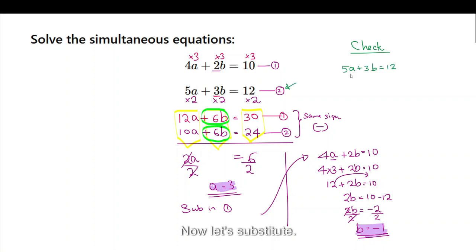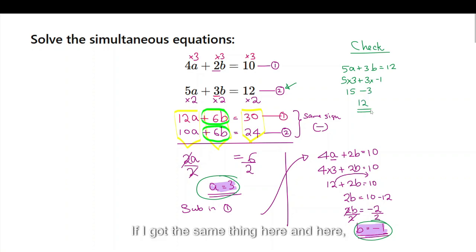Now, let's substitute. I know a is 3, so let's put 3 here. 5 times 3, add 3 times, I know b is negative 1. Let's put it here. 15. 3 times negative 1 is take away 3. The answer is 12. If I got the same thing here and here, that is an indication that I got it right.